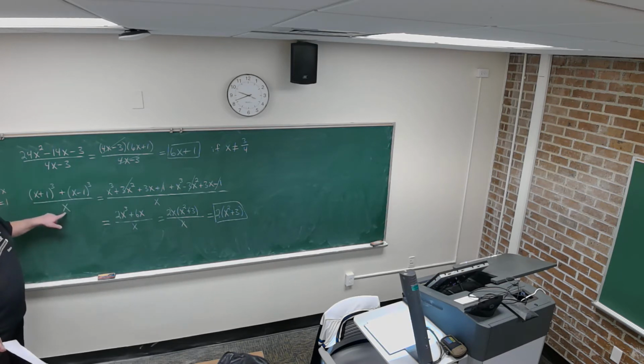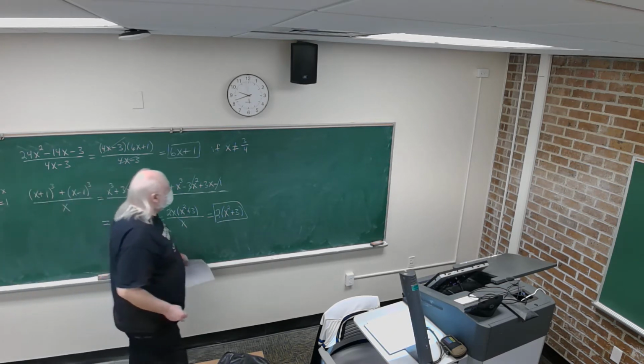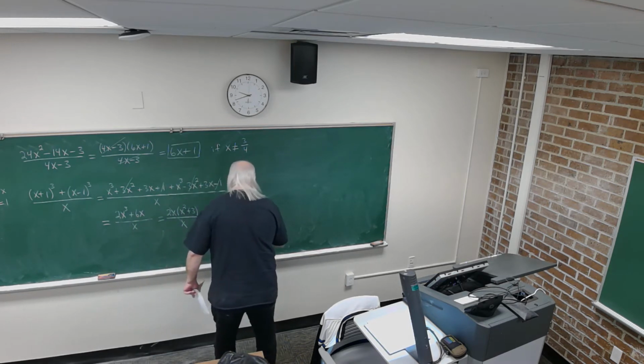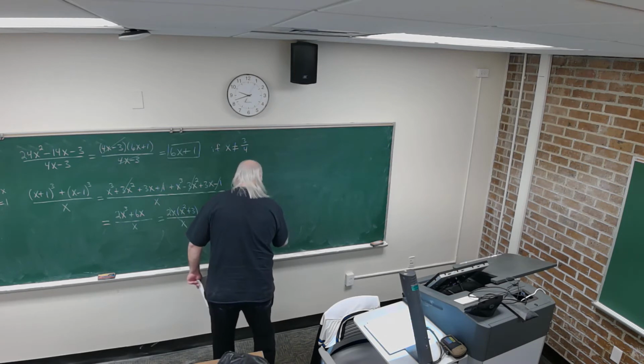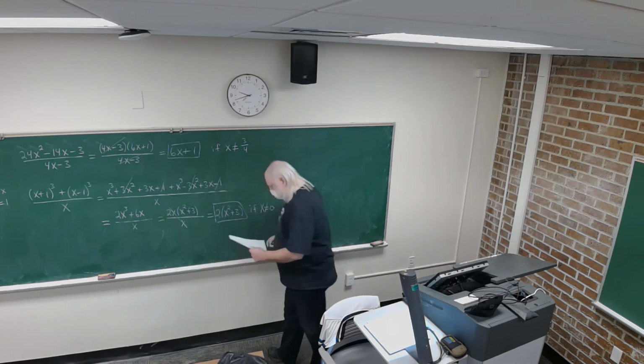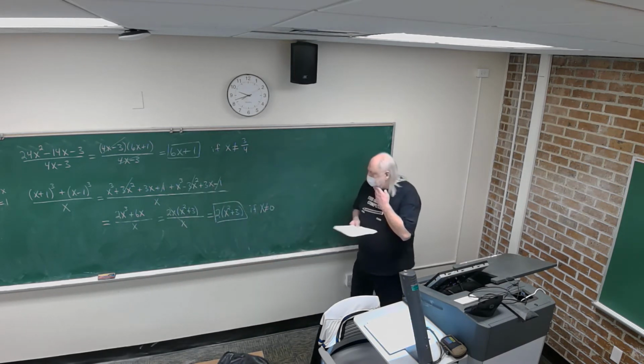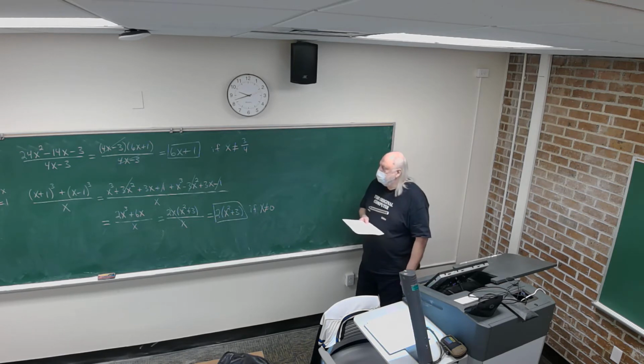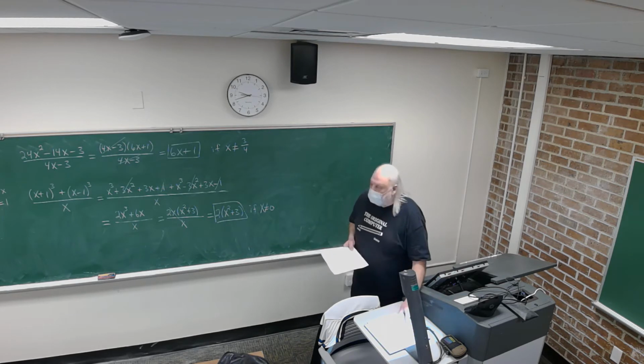As long as x doesn't equal 0. Because if x is equal to 0 over here, we're dividing by 0. We can't divide by 0. So x can't equal 0. Any questions on that?